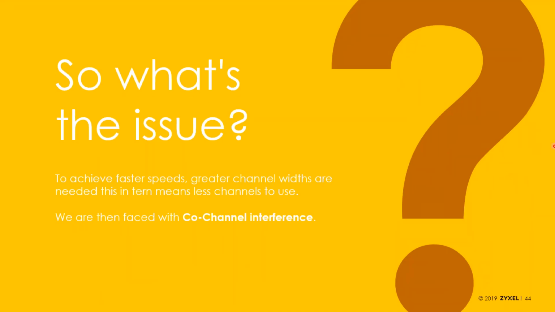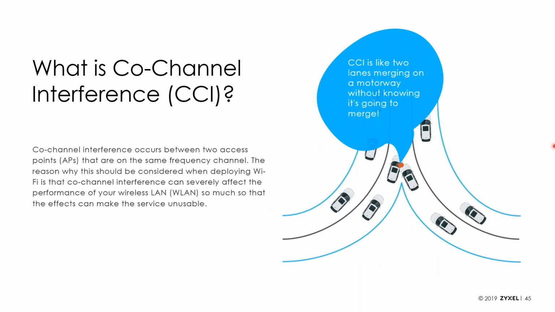Okay, so I already mentioned it, but the issue is co-channel interference. It is like two lanes of a motorway merging without knowing each other, or two Jukkas talking to you at the same time on a webinar. It is very hard to hear what each of us is saying, even though it is just two of us.